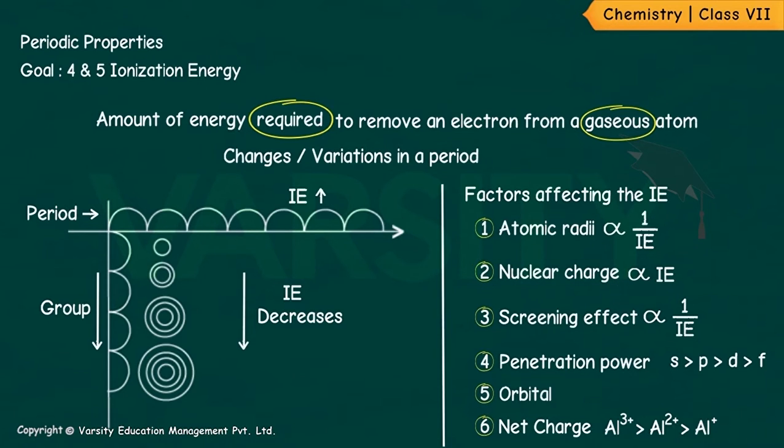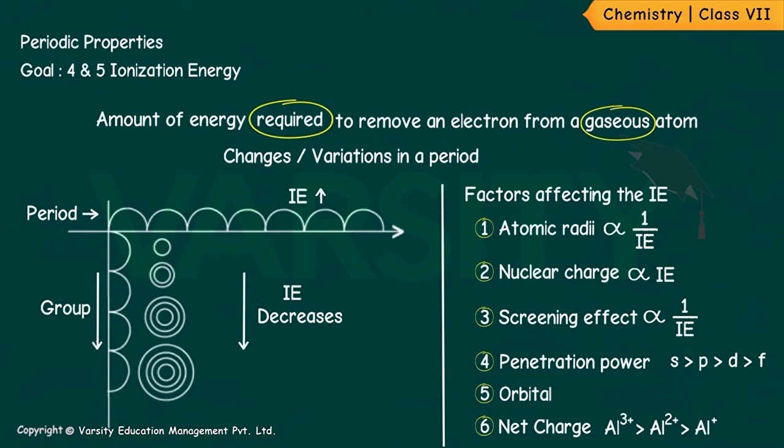Here, we require more energy to remove electrons. The size and ionization energy are inversely proportional. Hence, the larger the size, the lesser the amount of energy required. The smaller the size of the atom, the greater the amount of energy required.